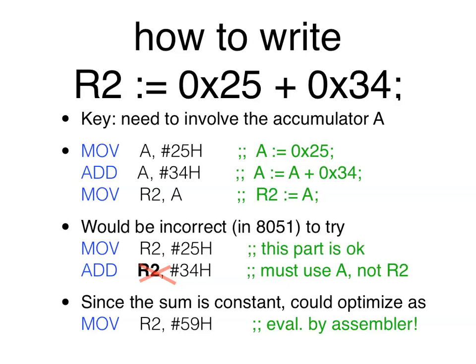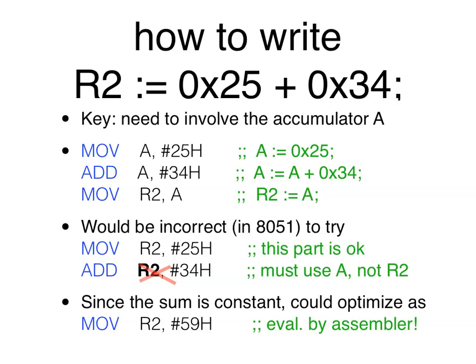So first step is I need to move the constant 25 hex into accumulator A. And then I can do add A comma immediate, right, pound sign 34.